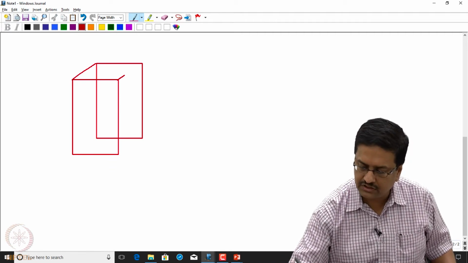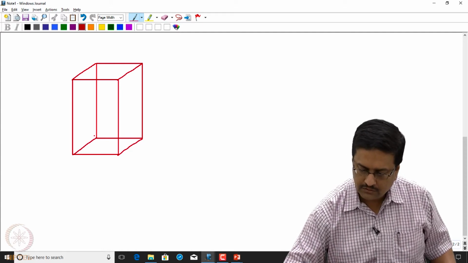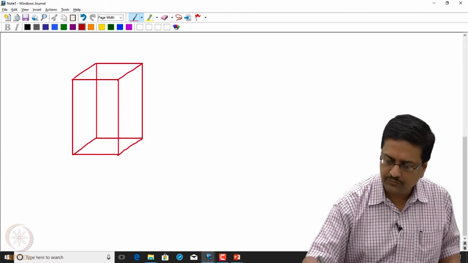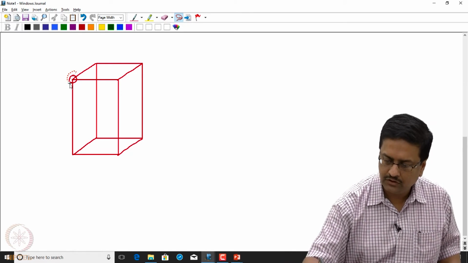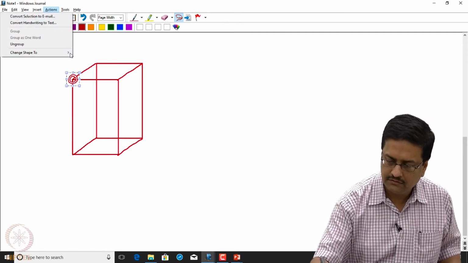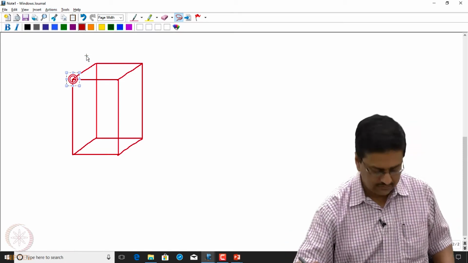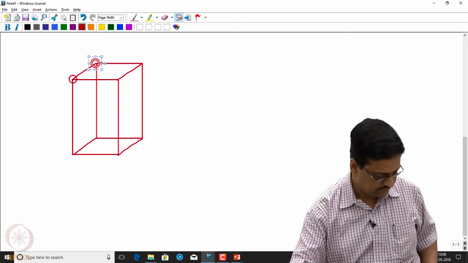This is the tetragonal unit cell, and then I am putting corner atoms in red and placing them at all 8 corners.